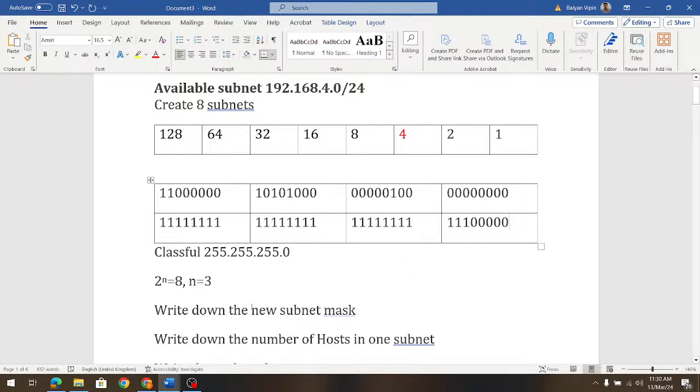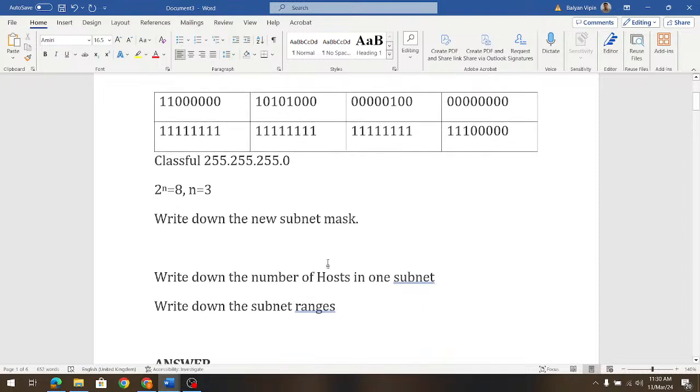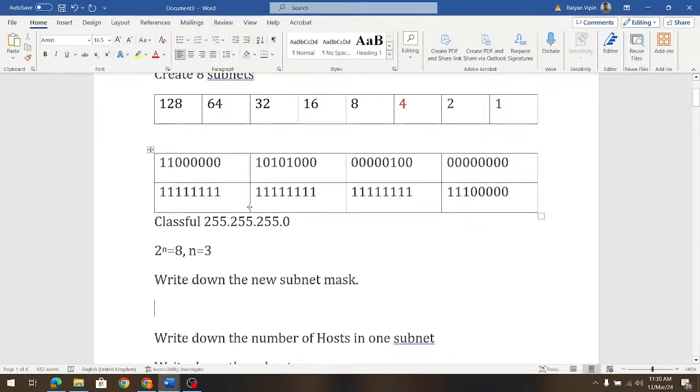So the first question asks you to create 8 subnets, and then it says write down the new subnet mask. The new subnet mask will be 255.255.255 and the number corresponding to them.